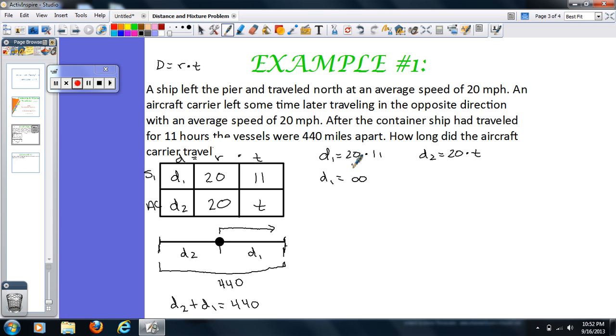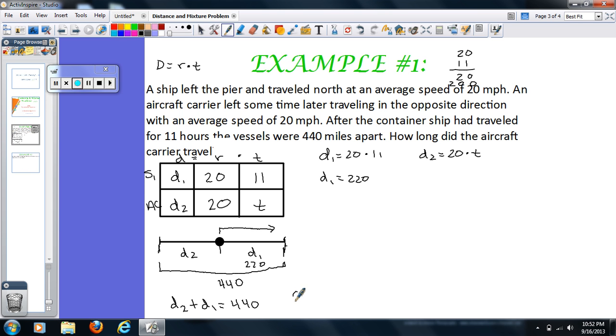Here, let me just write it so that you can see it, because I'm actually getting confused just trying to talk about it. So this is 0, this is 2, bring down the 0, which means this is going to be 220. Okay, so our first distance then is 220 miles.